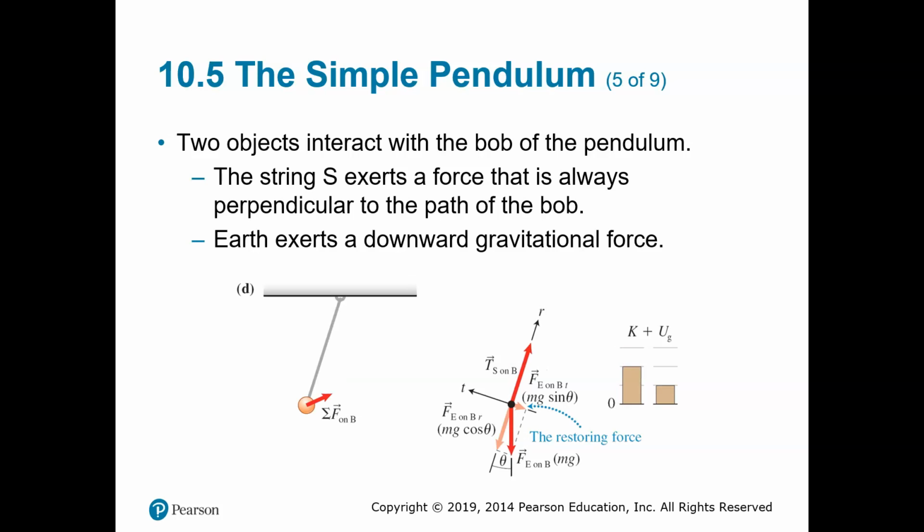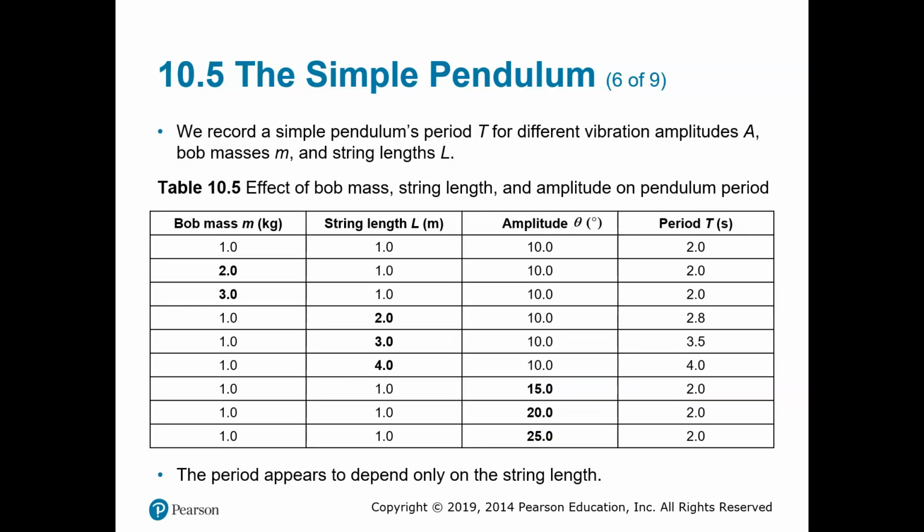So what we're going to be looking at is what impacts the period. Here I have a table where we look at the mass, the string length, and the amplitude, and we say what has an impact on the period. If you look at the table, you'll notice the period only changes when we change the length of the string.